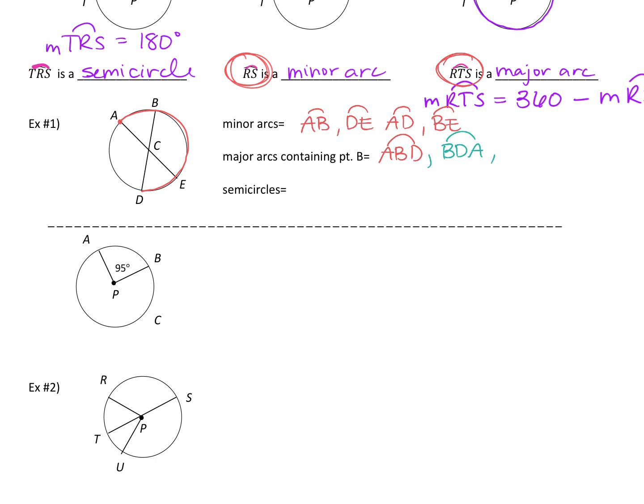Say it again. AEB. AEB, yes. So starting at A, all the way around to B. So AEB. Okay. I think there's one more. Let's see what we got. ABD. And the other one from A. EBD would be the other one. Yep.